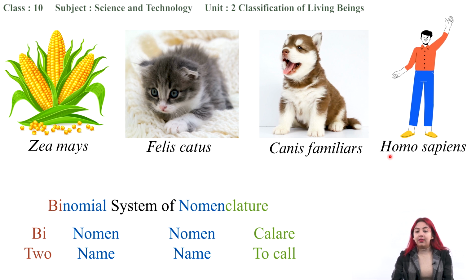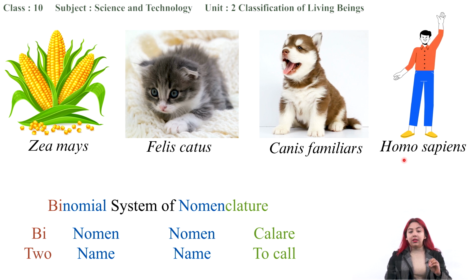Now from this, you can understand certain rules about assigning the name to any organism. The genus must always start with a capital letter, but the species name should not start with a capital letter. Between the genus and the species there should always be a space.